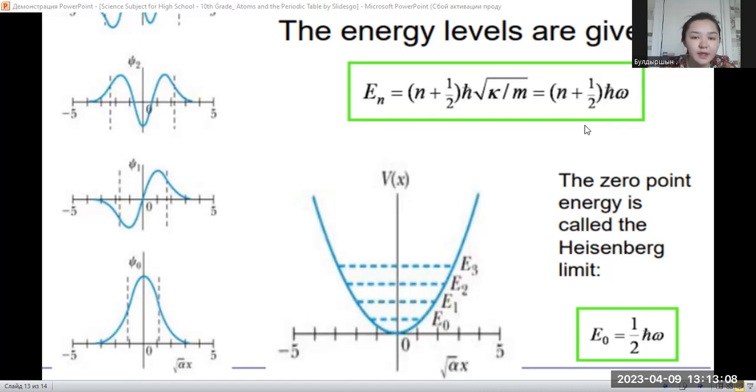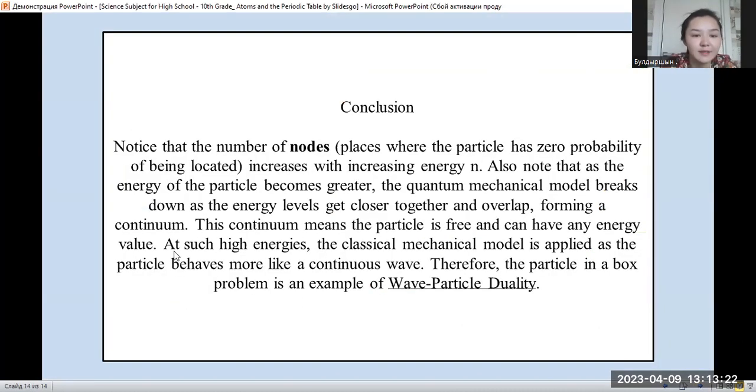The next is the conclusion. Notice that the number of nodes, the places where the particle has a probability of being located, increases as we increase energy. Also note that as the energy of the particle becomes greater, the quantum mechanical model breaks down as the energy levels get closer together and overlap, forming a continuum.